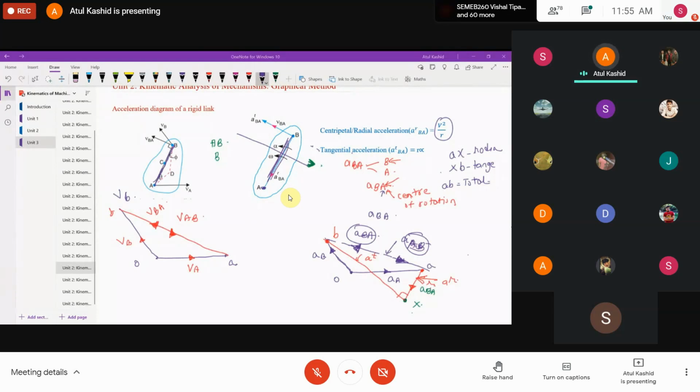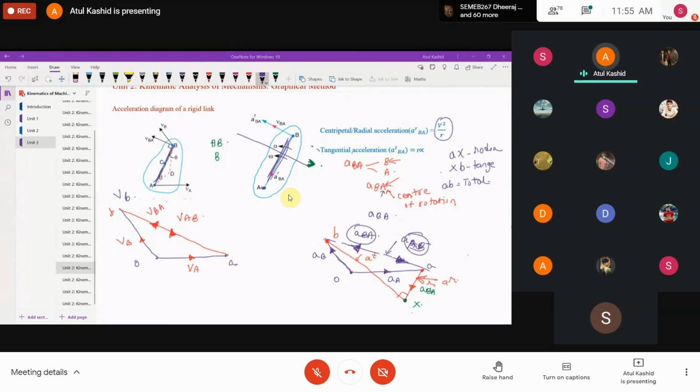And remember one thing, the very first time you're not going to get everything, right? The same thing happened during the velocity diagram. When we started with the velocity diagram, most of the students were confused about the directions and other things. But when we started with the numericals, most of the students understood how to draw the velocity diagram. The same is with the acceleration diagram. We are just at the start, so don't worry.